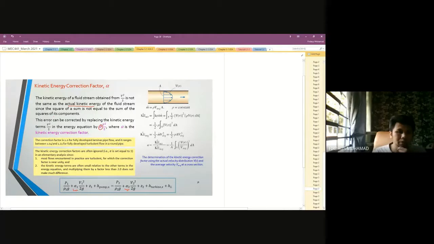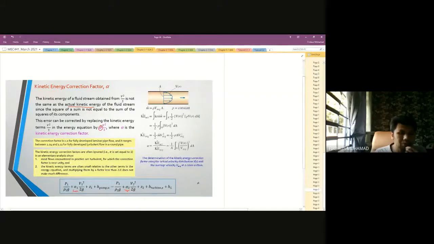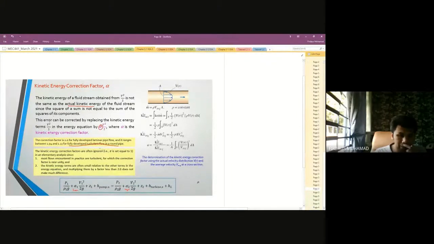Okay, so the correction factor alpha is 2 for fully developed laminar pipe flow, and it ranges between 1.04 and 1.11 for fully developed turbulent flow in round pipes. Okay, so ni kalau dia bagi alpha, maknanya you kena simplify, you kena masukkan alpha dekat sini.